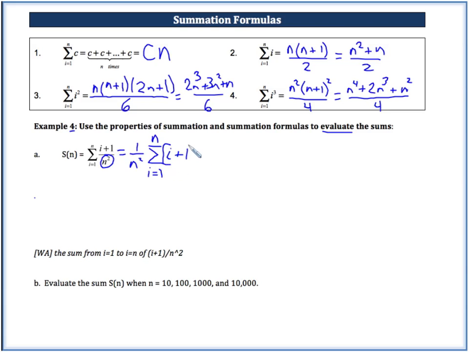Okay, and now we can break up this sum. So we still have our constant out in front, but we're going to break this into two sums now: the sum for i equals 1 to n of i, and then the sum for i equals 1 to n of 1.